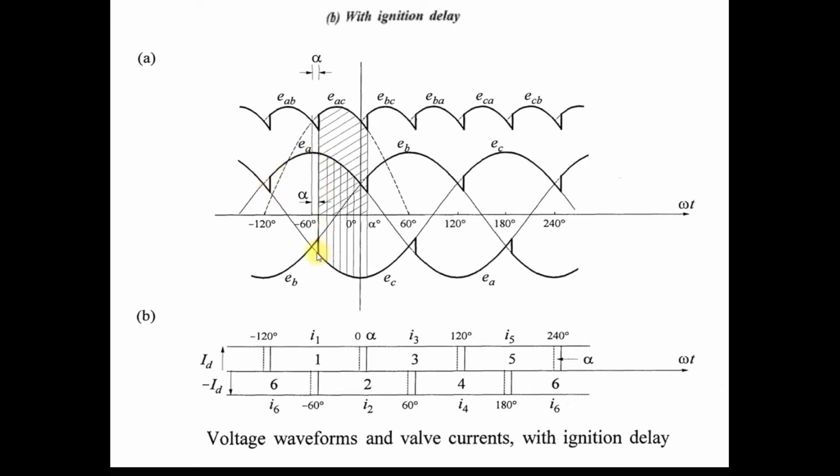When the EC phase starts, valve 2 starts conducting, and at that point you get the EAC phase, because the EA phase is already conducting, valve number 1 from minus 120 plus alpha. So whenever your C phase valve number 2 starts conducting at this alpha, at that point the EAC phase starts.